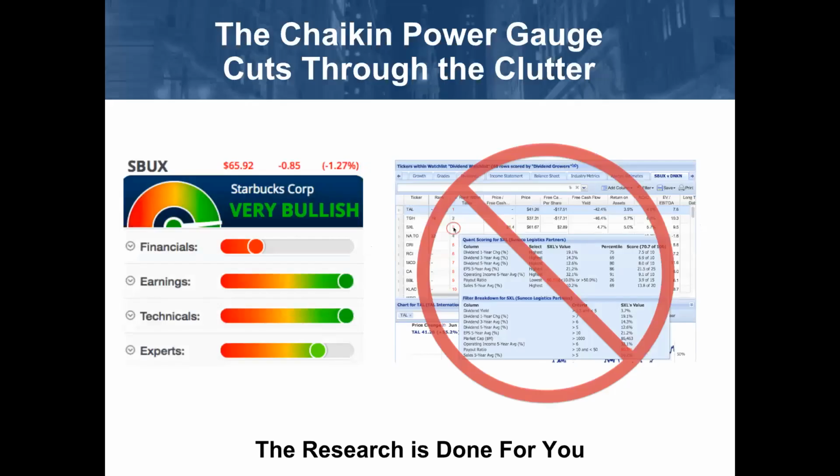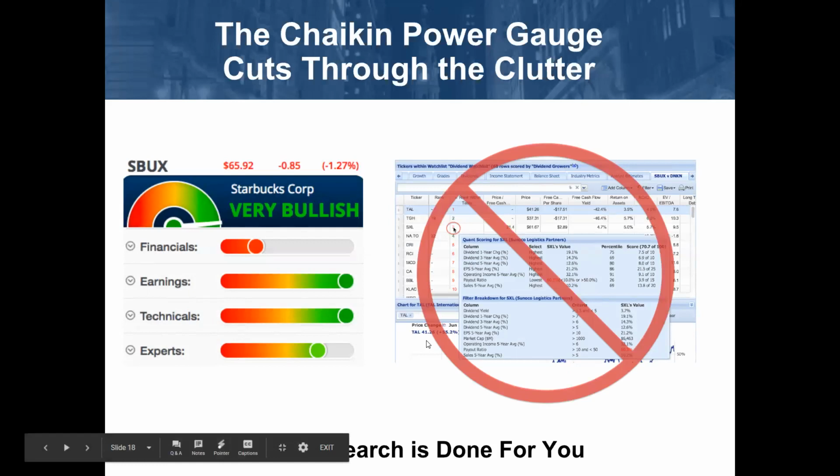So the Chaikin Power Gauge cuts through the clutter. All that noise, all that data that you're seeing, if you're looking at income statements and balance sheets, if you're reading the plethora of emails that try to tell you where the market's going, you have everything you need right here in this Chaikin Power Gauge, rolling up the main 20 factors that move stocks.